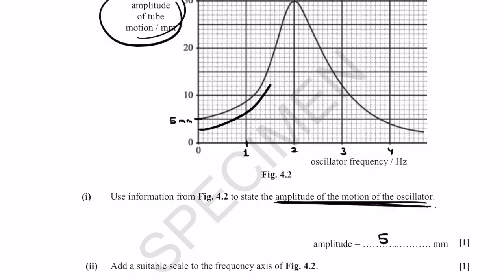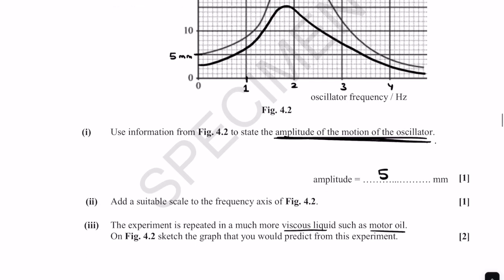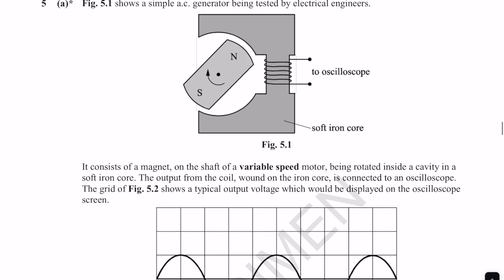It's a sketch, so we don't have to worry about being accurate here. So just like this, basically. As long as the natural frequency is shifted, and the amplitude does not begin at that original amplitude, you will gain the 2 marks. Okay, so let's move on to our next question now.